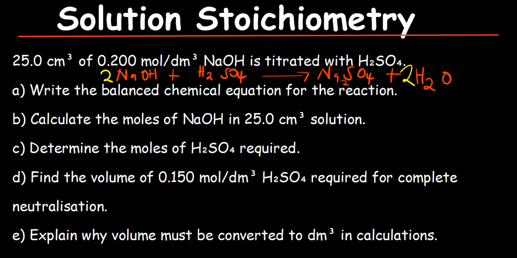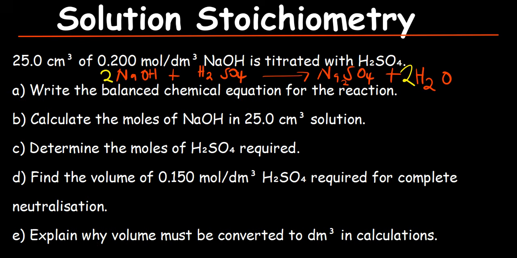Then B, we're told to calculate the moles of sodium hydroxide in 25 cubic centimeters of solution. Okay, so this is not very complicated. It's just that we need to convert some units here. The volume in dm cubed is 25 centimeter cubed.